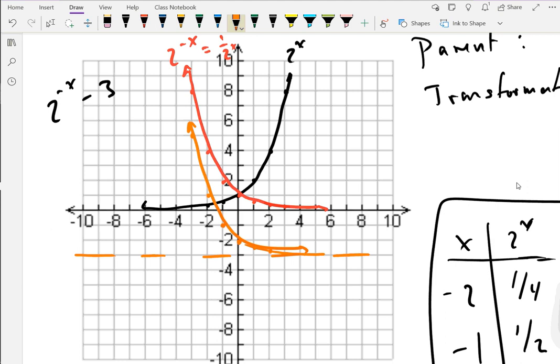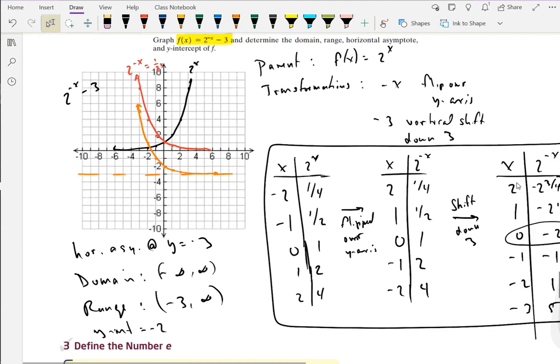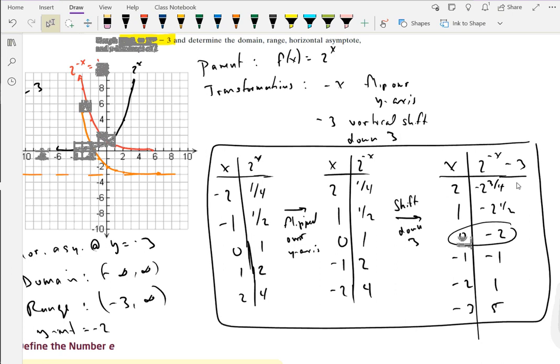Let me make it go just a little bit quicker there. That's the same graph that we had just done by doing our tables. And so we do end up with those same values. So depending on what our requirement is, if we're just interested in the graph, then yes, we can do the tables, but I like to go ahead and graph the parent function and then slowly transform the graph along the way and see where things go.